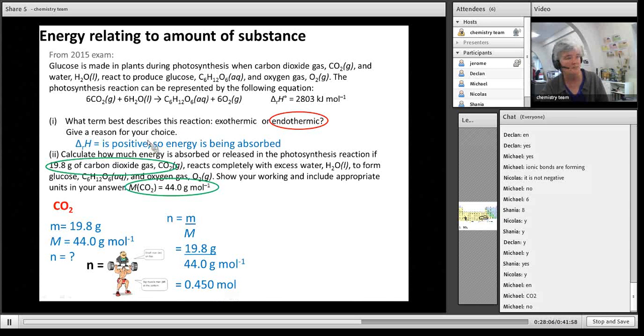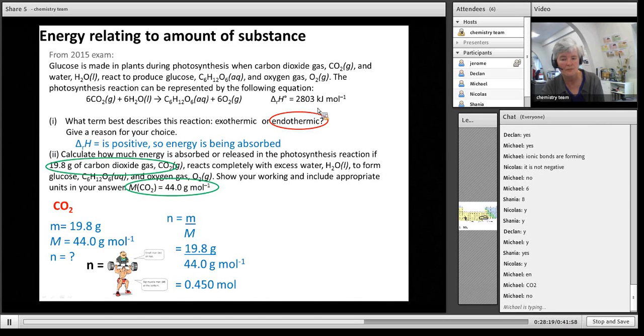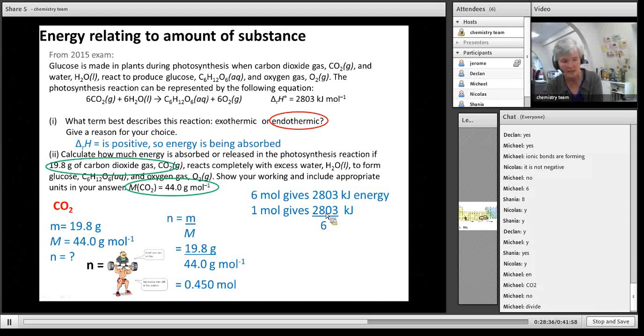So if 6 moles needs that much energy, how much would 1 mole need? Do we divide this by 6 or do we multiply this by 6? Divide. And I think it makes sense. If I've got 6 things giving me this amount, if I've got less, only 1, I'm going to have less being given off. So if 6 moles gives that, 1 mole gives you that divided by 6.